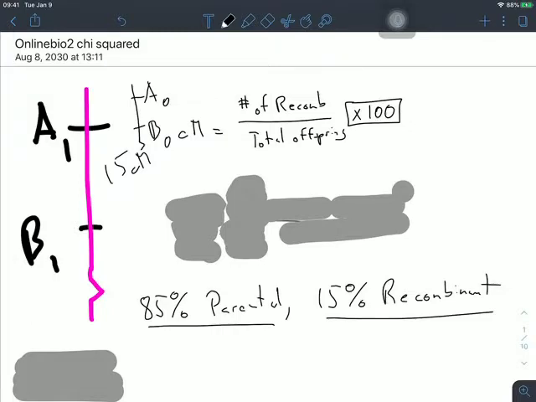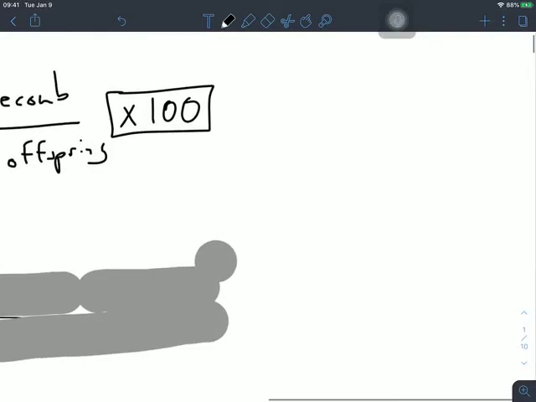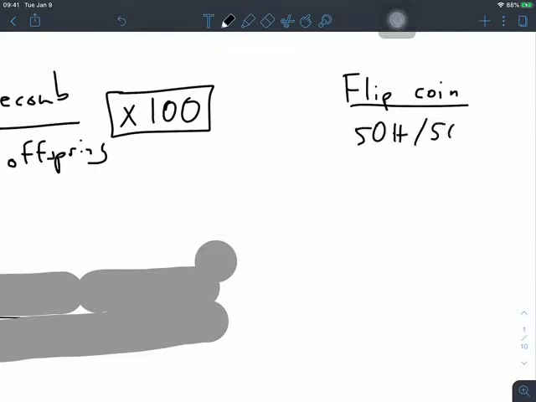But we know that real life is not so straightforward. We know that when you have an expectation of 85% parental or 15% recombinant, that it doesn't always come out to exactly 85-15. For example, if you flip a coin, and we know that for the most part, or rather we assume that this coin is 50-50, 50% chance of getting heads and 50% chance of getting a tails. And if you flip it 10 times, are you going to get exactly 5 heads versus 5 tails?